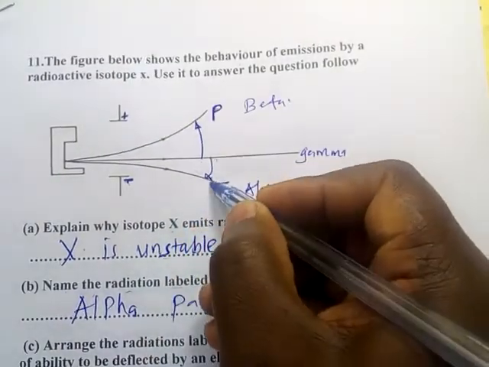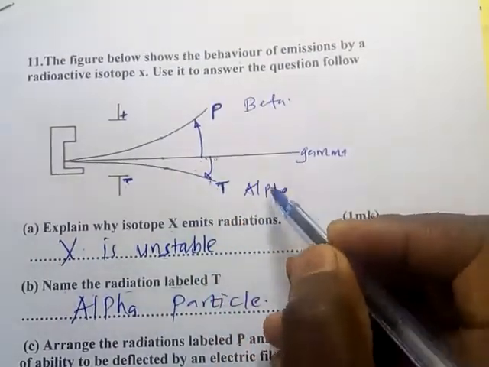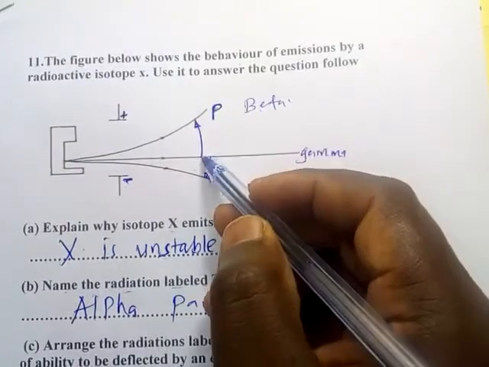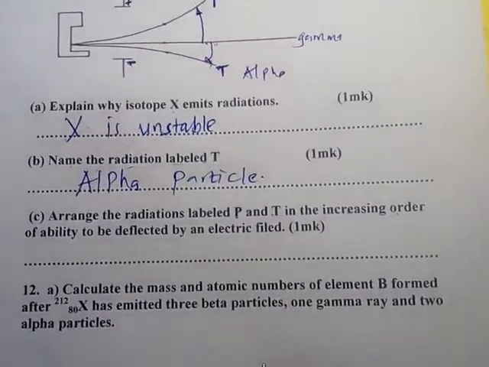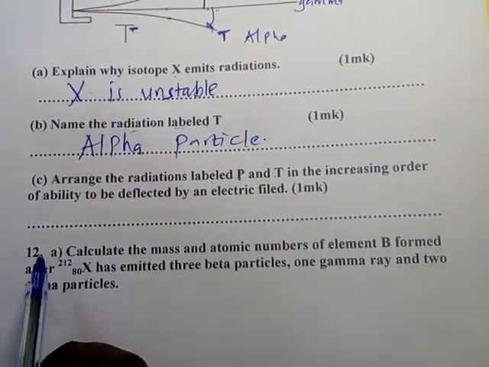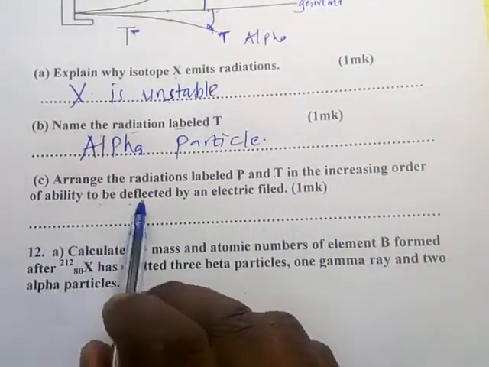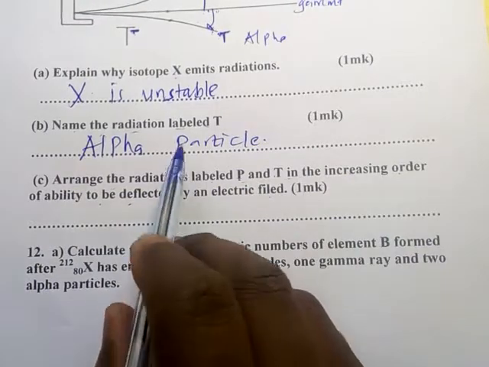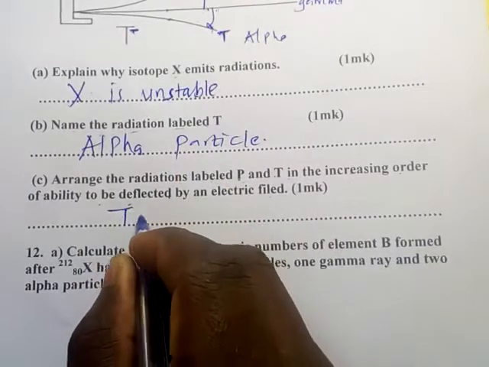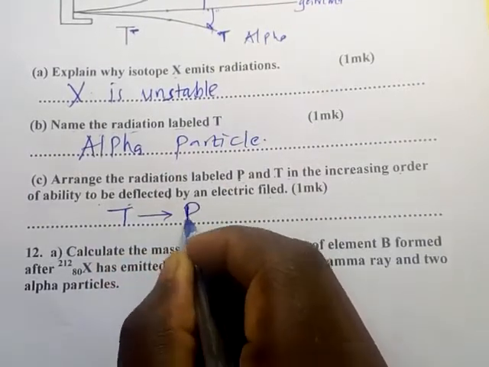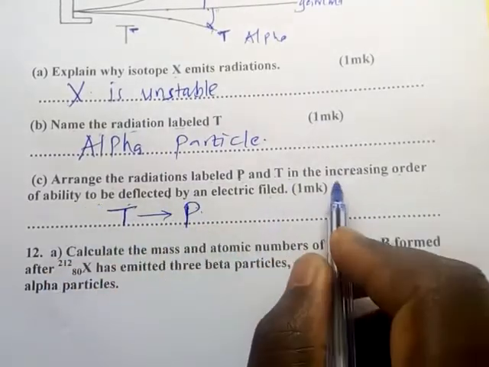The deflection here is small, and here is bigger. Alpha particle is very heavy compared with beta, so beta deflects more because it is lighter. Therefore, in increasing order, T goes to P. So P deflects more than T.